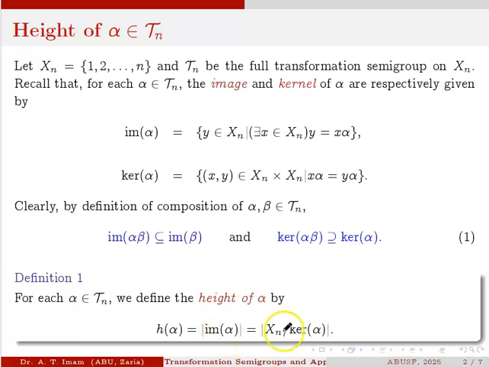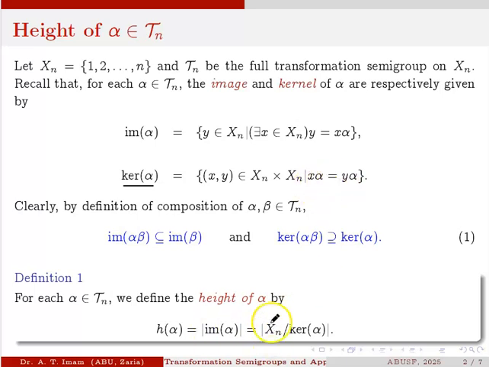But then in our second lecture, we already said that every map can be written in array form. The kernel relation here will partition the set Xn into equivalence classes, where a particular class, which we call a block of alpha, is a set of all elements having the same image.